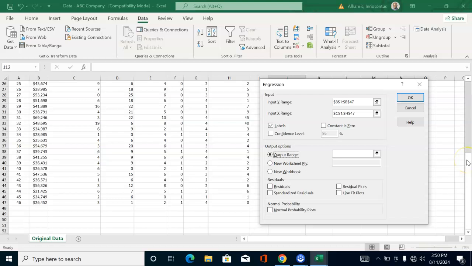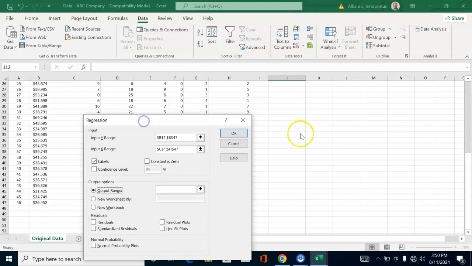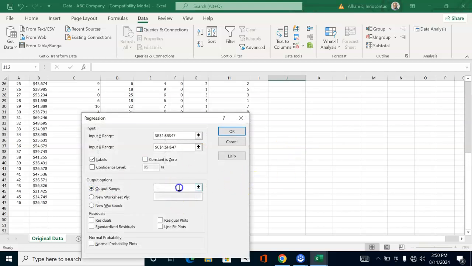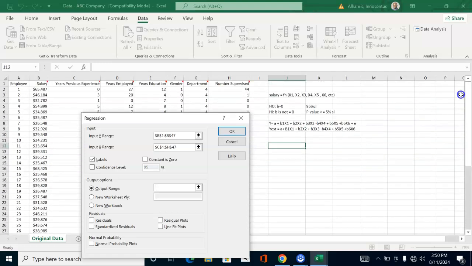Otherwise you can look for another page or another place where you want it to be. I have to click here and then show the output range. I want it to be just around here, and I will consider residuals. If you want, you can have standardized residuals or normal probability plots or residual plots, but I'm not going to consider them right now.